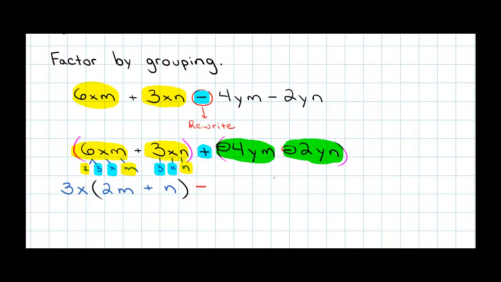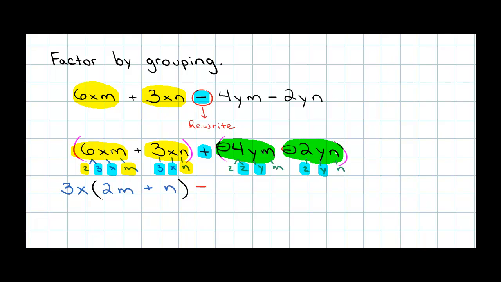Now let's look for the GCF. The factors of our first term: we've got 2 times 2, we've got a y, and we have an m. And this one we have a 2, a y, and an n. So if I compare the factors, it looks like the greatest common factor of these 2 is going to be 2y. Let's factor that out.